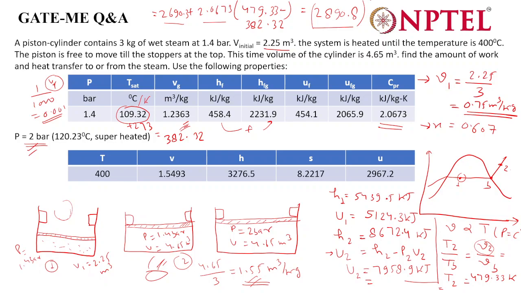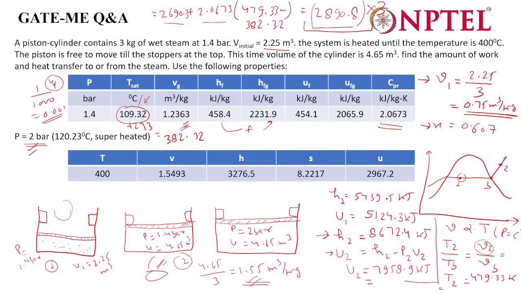Multiply this by 3. Hello. Yes, sir. Is it coming or not? Yes, sir. 8672.54.